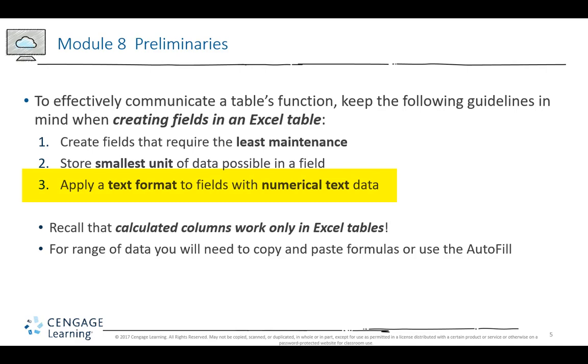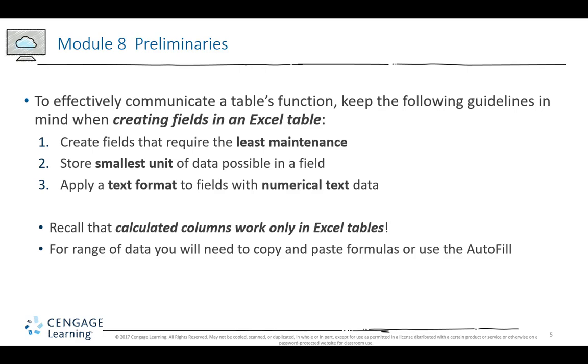3. Apply a text format to fields with numerical text data. For example, we live in South Jersey, most of us anyway, and we use zip codes that begin with the digit 0. If we have our zip codes with a numeric format, we will lose that leading 0, which will be a 4-digit incorrect zip code.